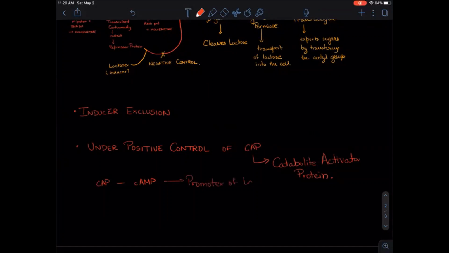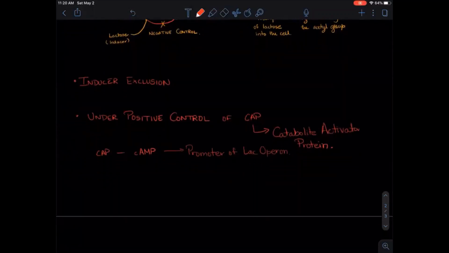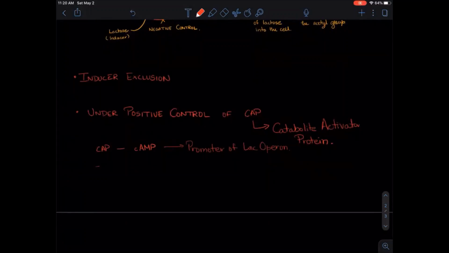And when the concentration of glucose is high, cAMP concentrations will reduce. Thus, the cAMP-CAP complex won't bind to the Lac Operon. This reduces the transcription rate.